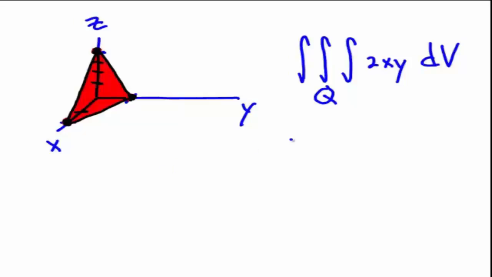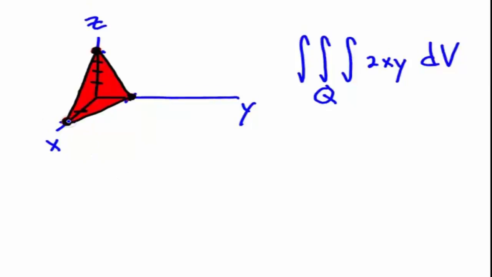Okay, we need to evaluate the triple integral over Q of 2xy dv, where Q is the tetrahedron formed by parts of the xz plane, the yz plane, and the xy plane. And the tetrahedron has vertices.